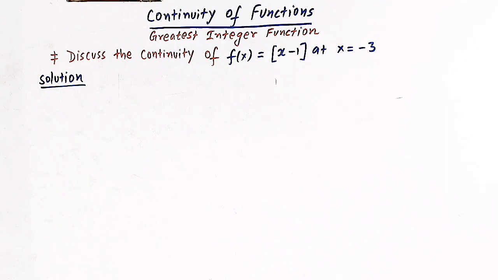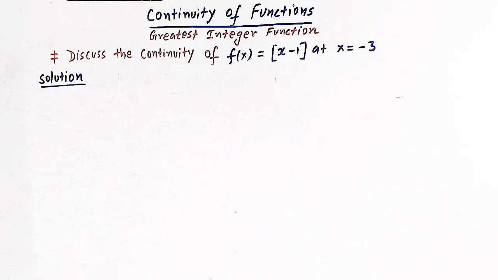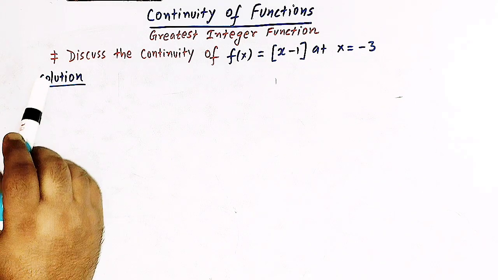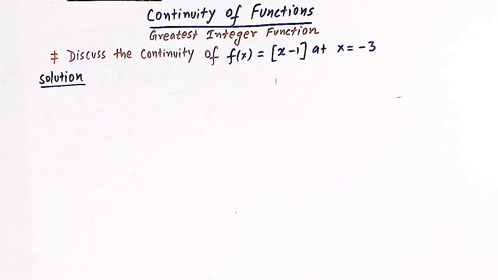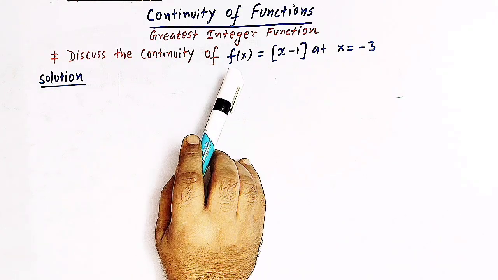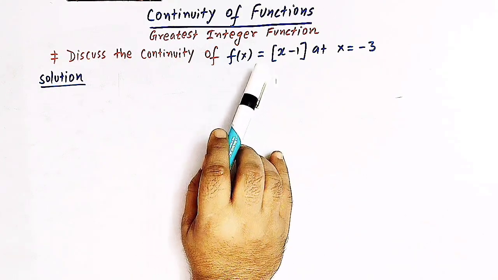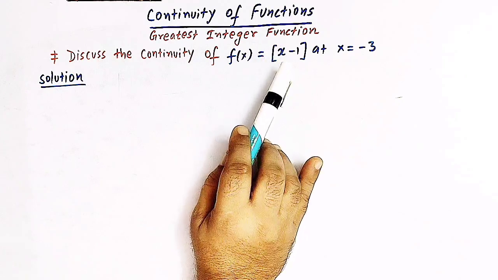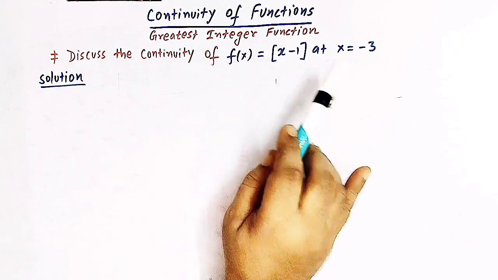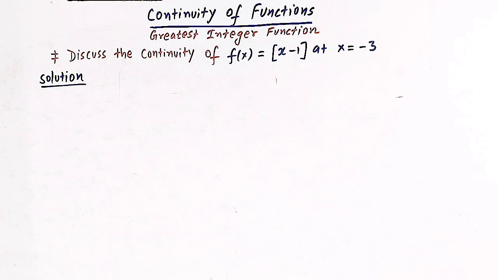Hello viewers, in today's session we are going to discuss another important conceptual problem from continuity of functions related to the greatest integer function. Here we have to discuss the continuity of this function f of x, which is equal to greatest integer of x minus 1, at x is equal to minus 3.